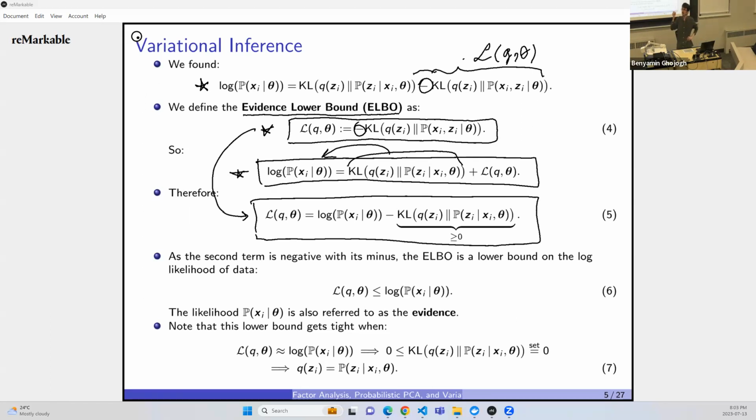We know that one of the properties of KL divergence is that it is non-negative. It is either 0 or positive, right? So this term is non-negative. Therefore, we have this minus 0 or something greater than 0. What does it mean? This is less than or equal to this term, right?